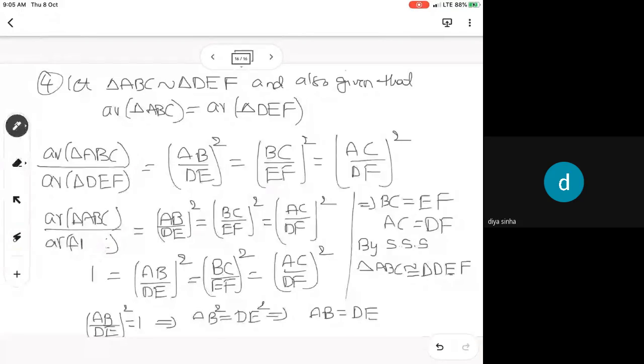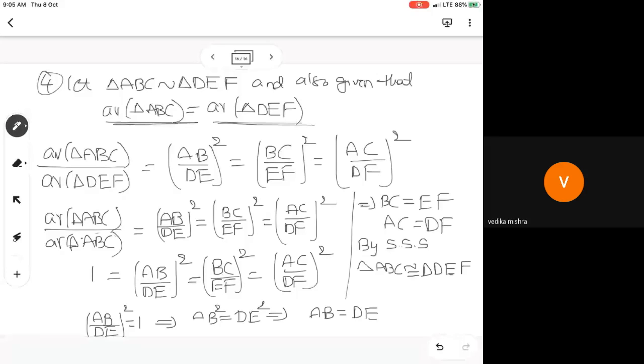Very good. Good observation. So area of triangle ABC by area of triangle DEF. Okay. Sorry. Here ABC will be. Why have I written ABC? Because DEF is equal to ABC, I have replaced it.